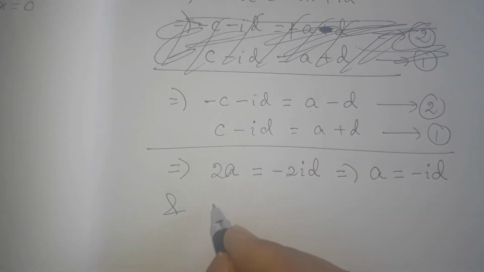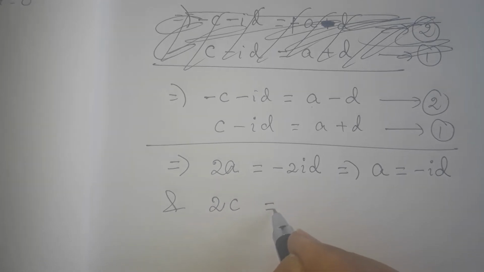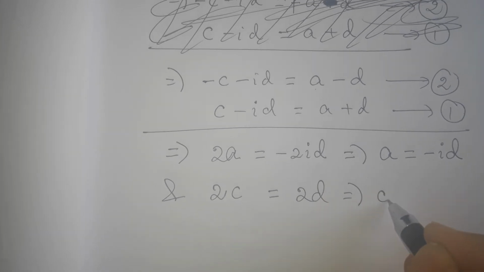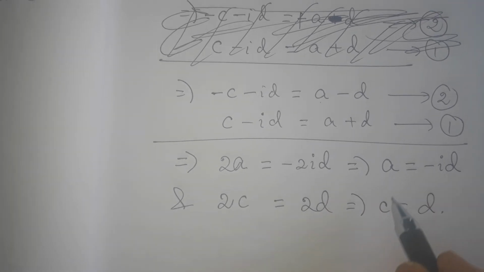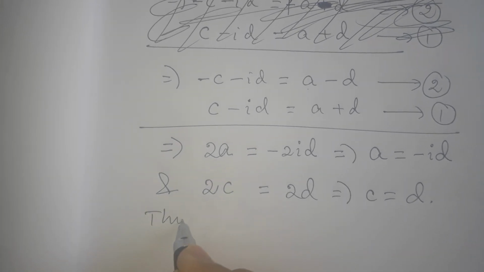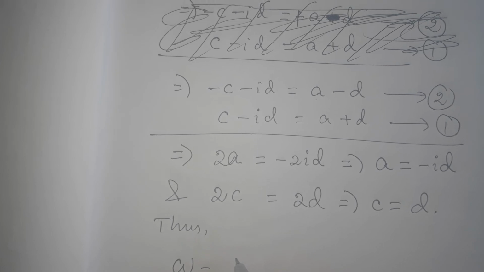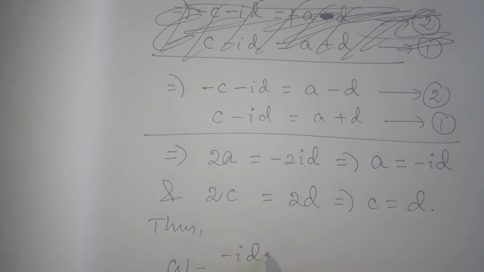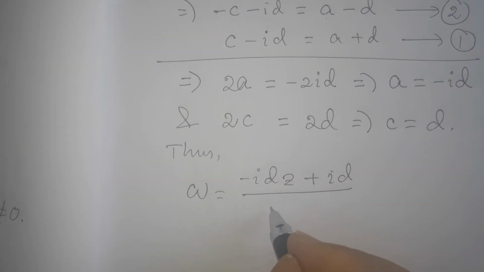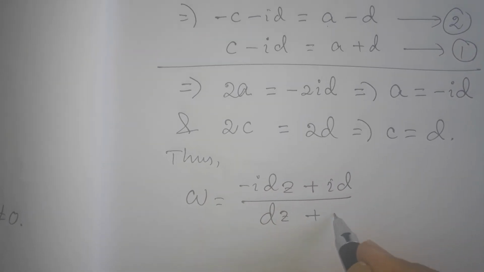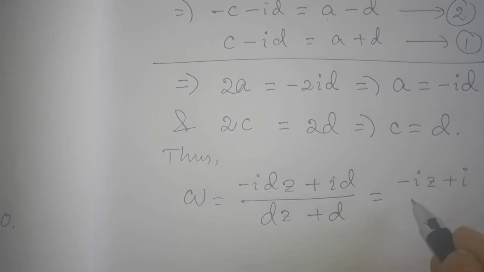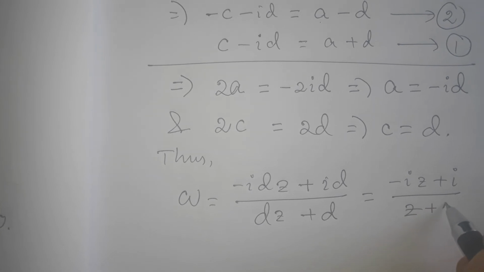If I subtract, I will get twice c equal to twice d, and that implies c equal to d. So a, b, c are all connected to d. Thus w equal to az plus b, which was id, c is d, and d is d, and because d is not 0, w equals (iz plus i) over (z plus 1).